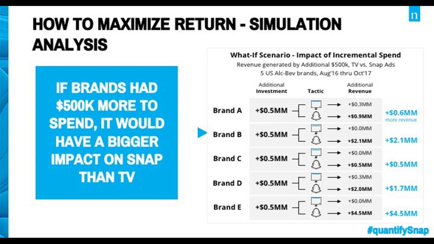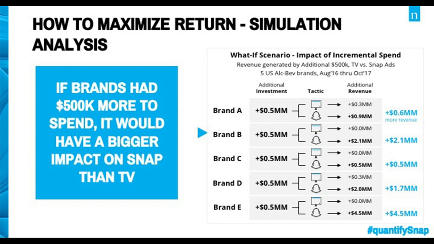You see that across the board, all 5 brands were much better off investing in Snap than additional TV. Part of that is because of the way that Snap engages with consumers. Part of it is where the sweet spot of the Snapchat curve was. There was a lot more upside and marginal return, but also part of it was TV was saturated.